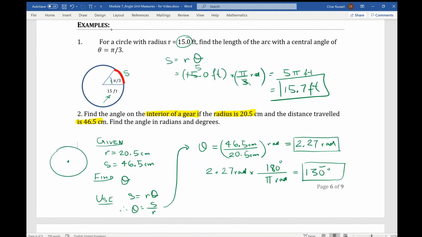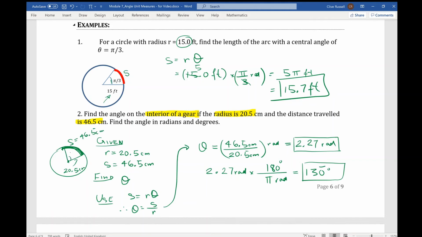You're given that the radius r is 20.5 centimeters, but the distance traveled, which is really along here, that's your S value, is equal to 46.5 centimeters.